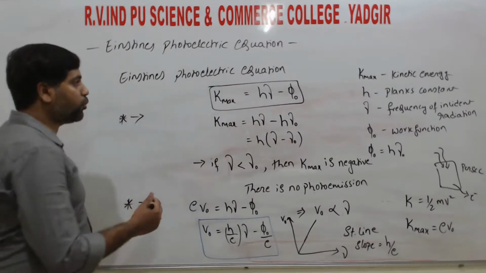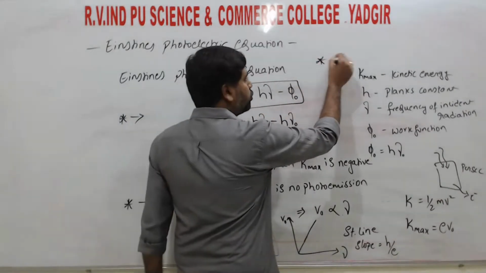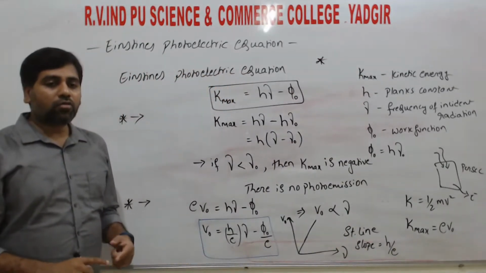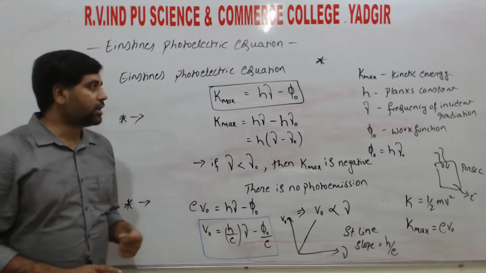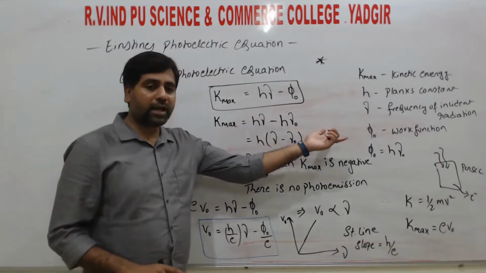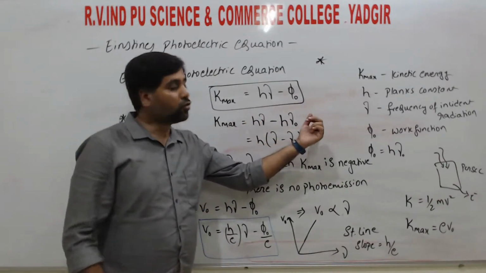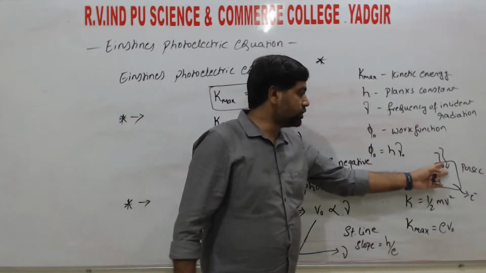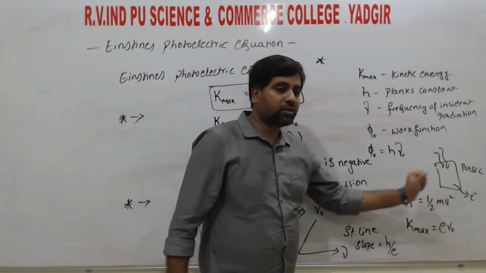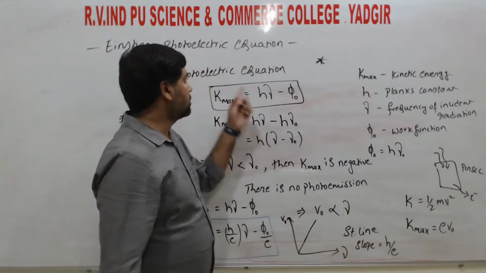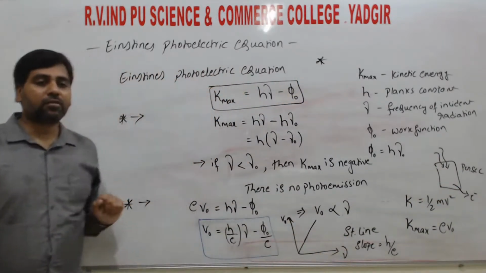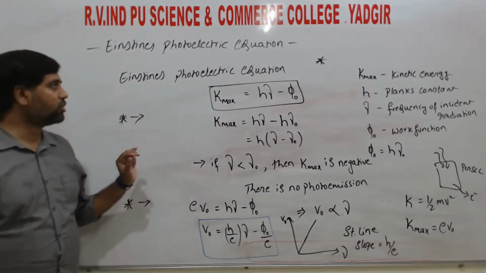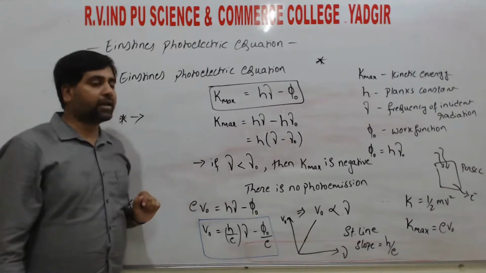So the fifth point is, due to the collision between the quanta and the electrons, the collision is elastic in nature, hence the emission of the electron is spontaneous. So the electron collision is spontaneous, that is an elastic collision, hence the electron emission is also spontaneous, hence the photoelectric effect is spontaneous, right? So this is about Einstein's photoelectric equation.